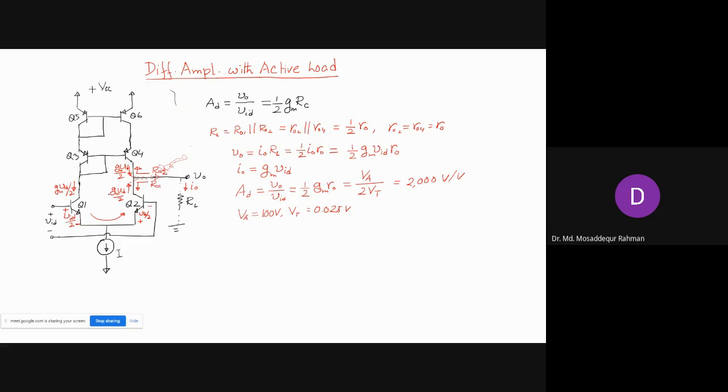So what is this circuit? Cascode configuration. What is cascode configuration here?